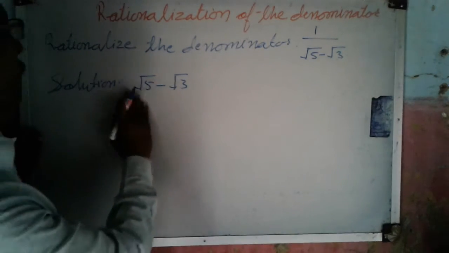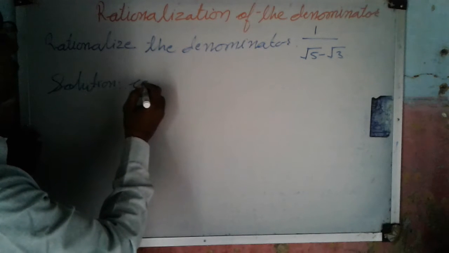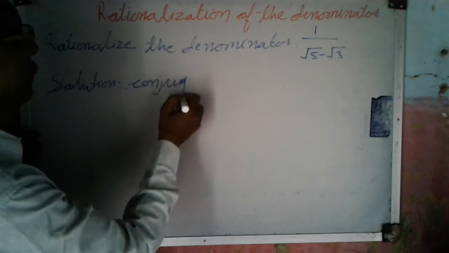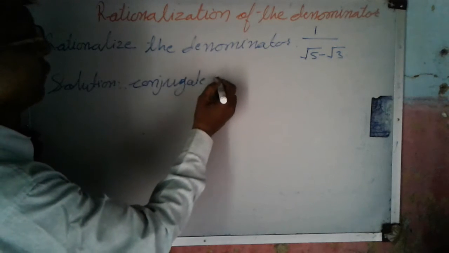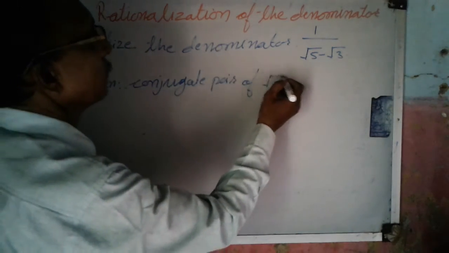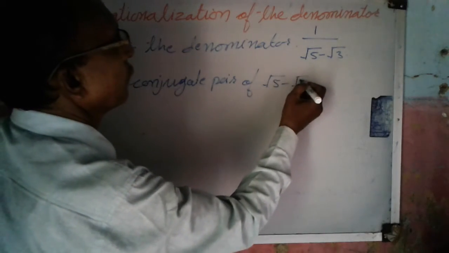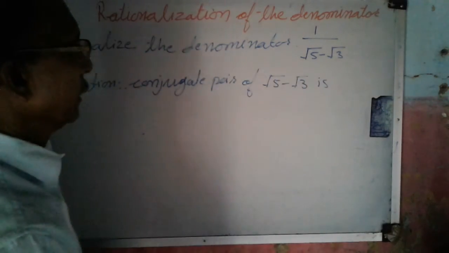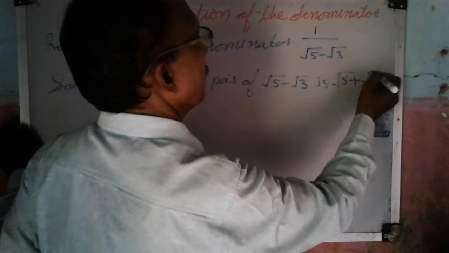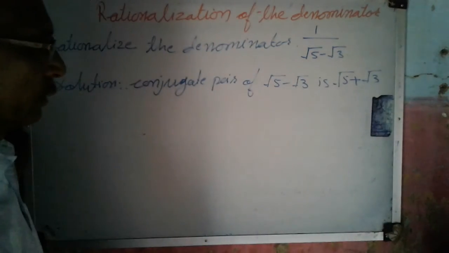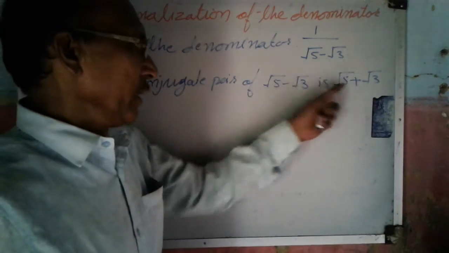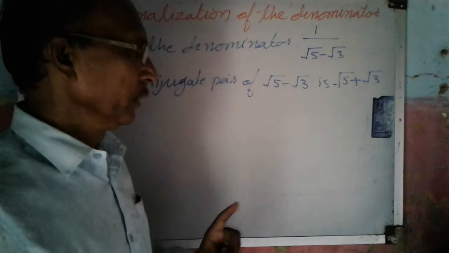So the conjugate pair of a binomial surd is obtained by changing only the sign; the terms remain the same.